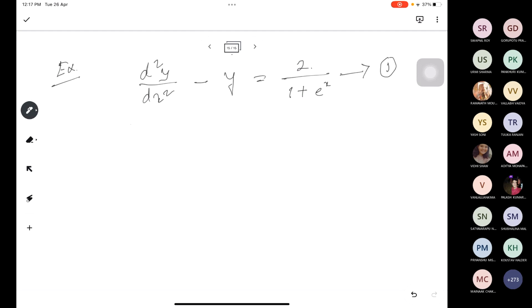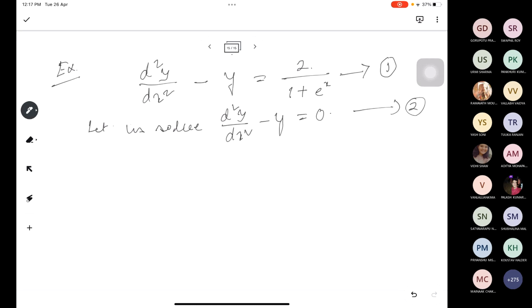So we first solve the equation d2y by dx2 minus y is equal to 0.